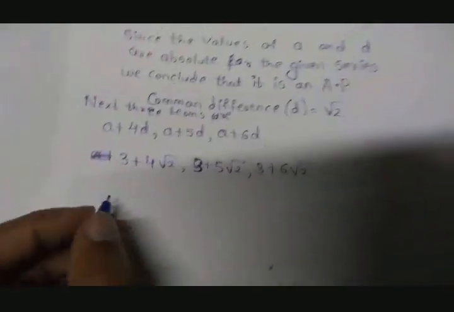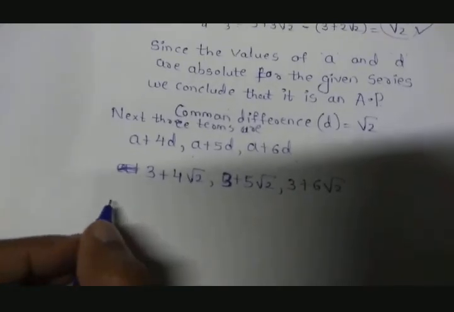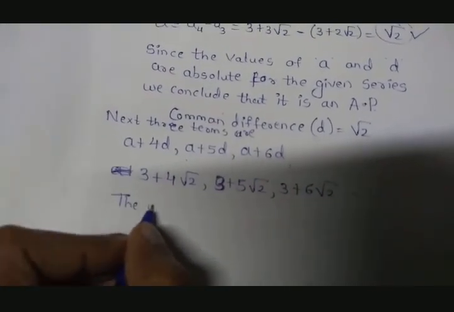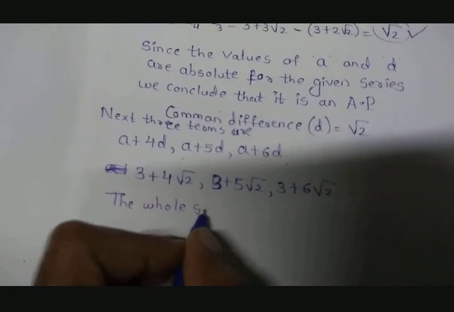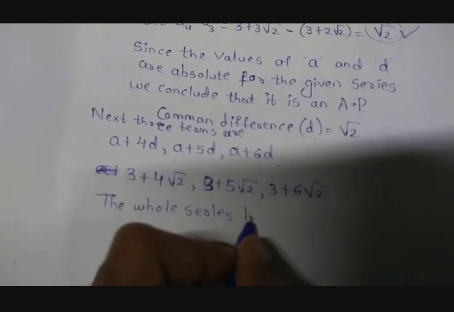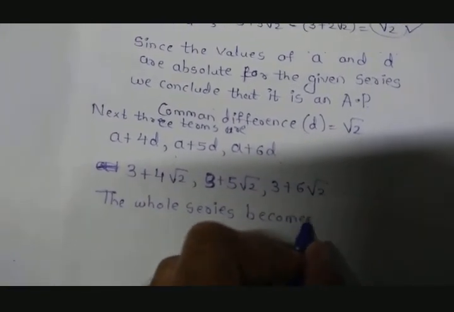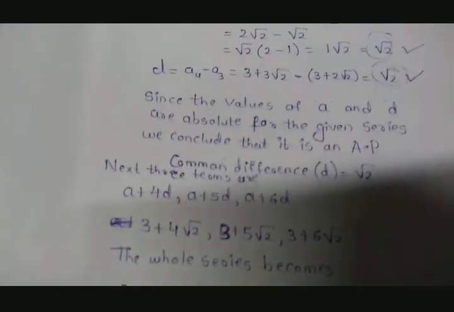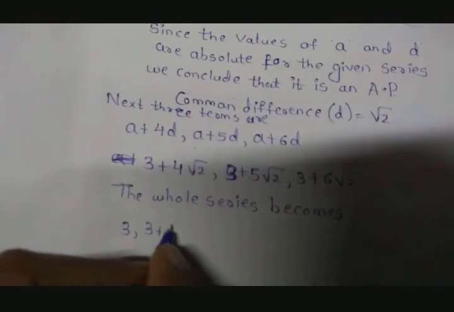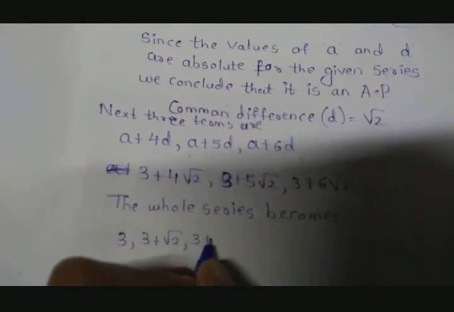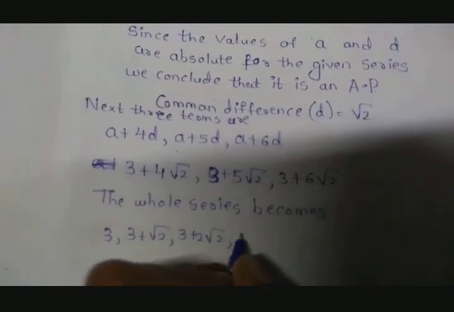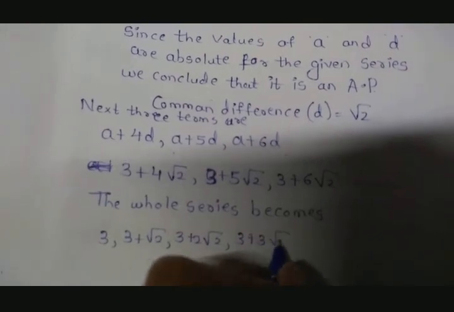and so on. Just summing this up with the given series, the whole series becomes: first write the first 4 terms, that is 3, 3 plus root 2, comma 3 plus 2 root 2, comma 3 plus 3 root 2.